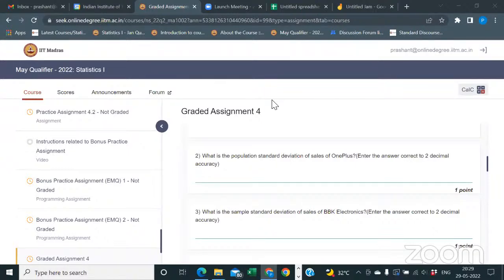And it also tells you the strength of the linear association. Suppose the strength of the linear association is less, then it can be any other curve, right?